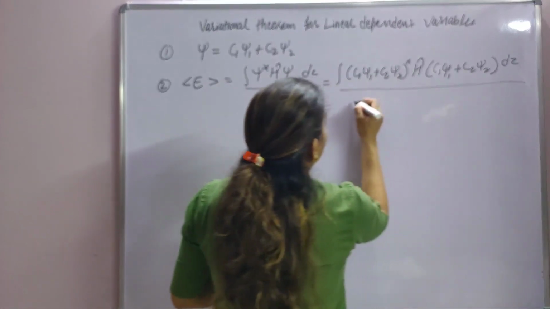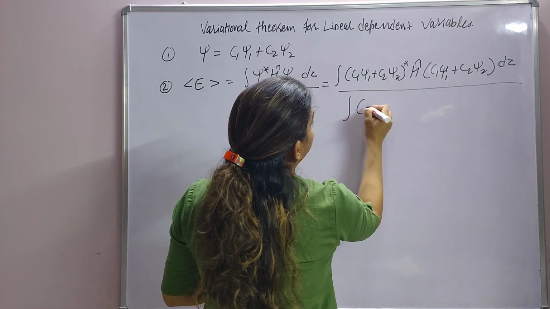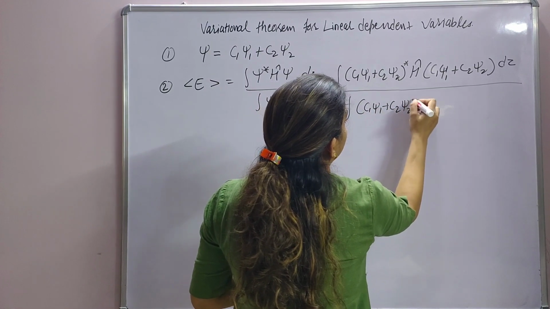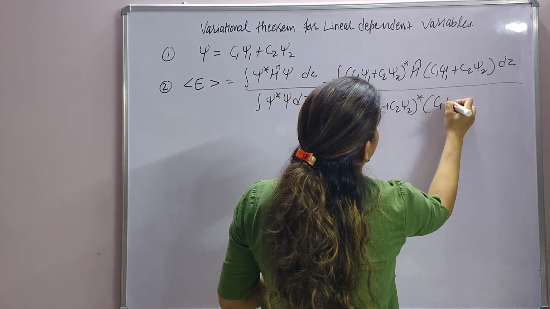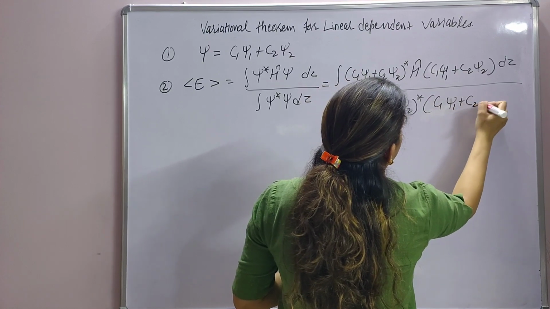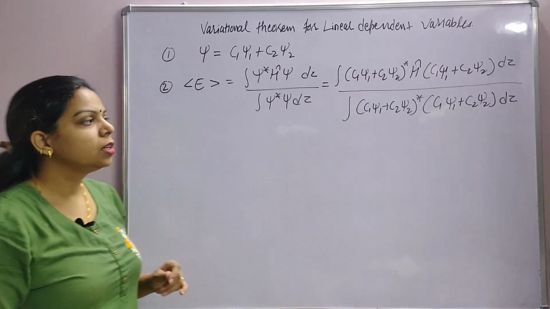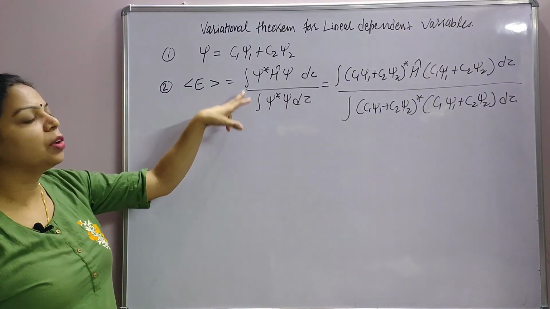In the denominator also I will substitute the value, (C1 psi1 plus C2 psi2) star (C1 psi1 plus C2 psi2). So I have substituted the value within the given limits.